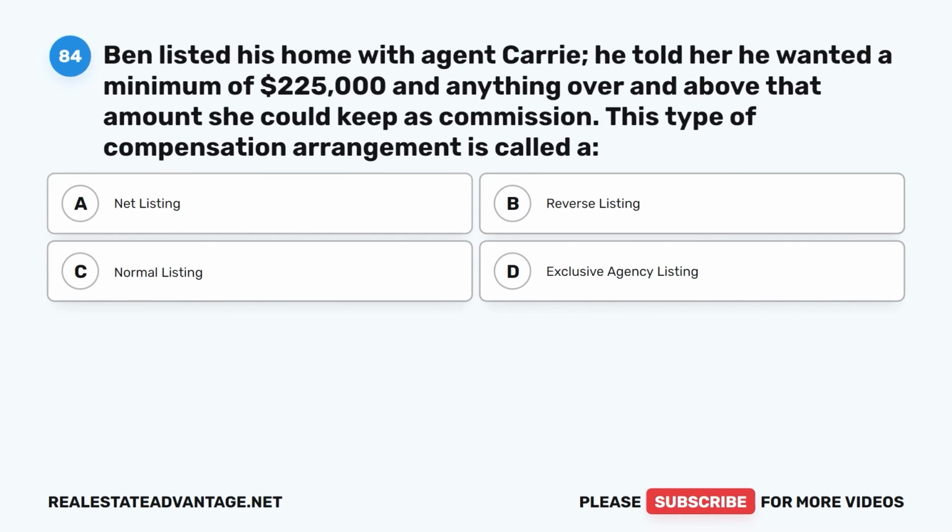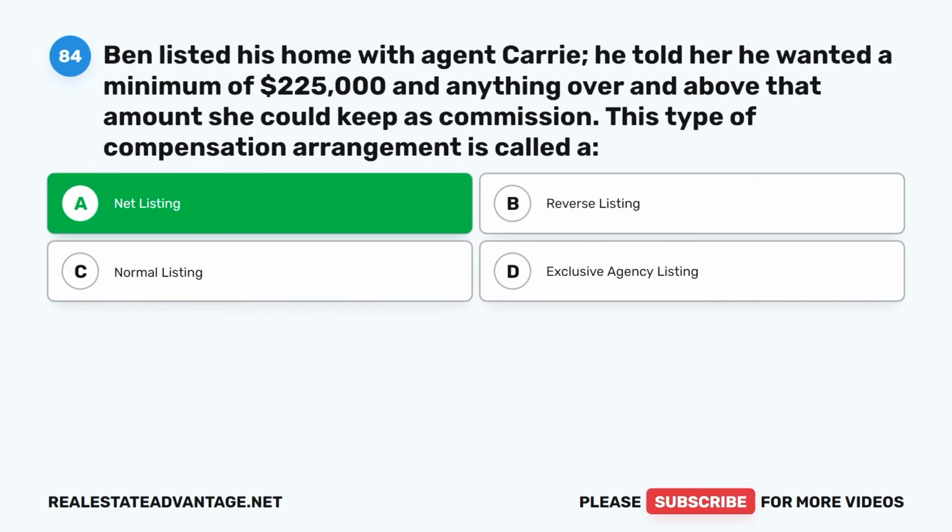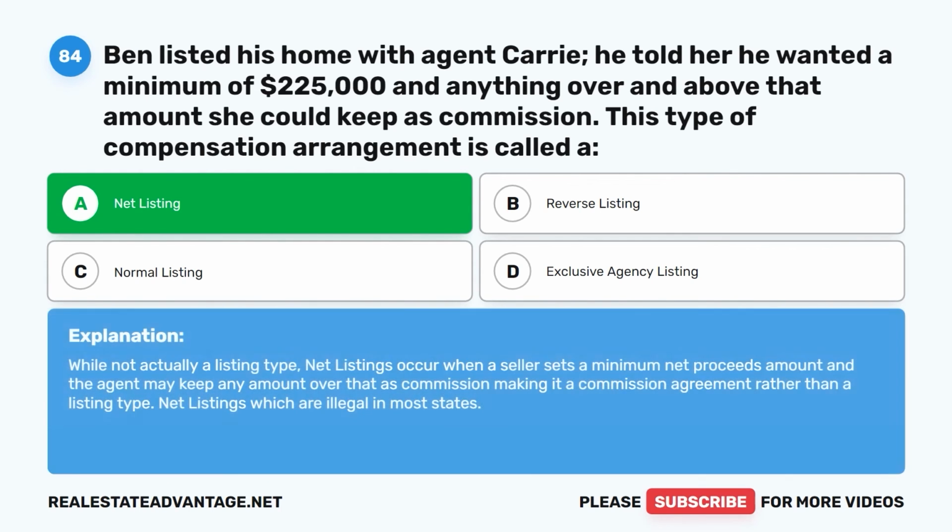D. Exclusive agency listing. The correct answer is A. Net listing. While not actually a listing type, net listings occur when a seller sets a minimum net proceeds amount, and the agent may keep any amount over that as commission, making it a commission agreement rather than a listing type. Net listings are illegal in most states.